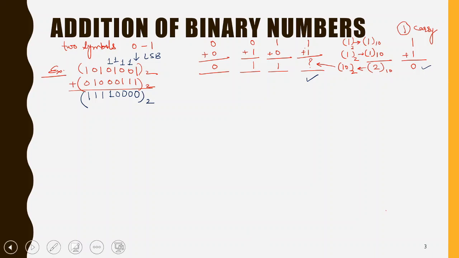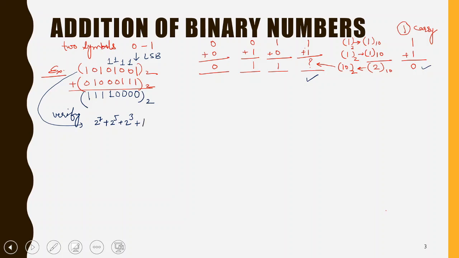Now how are you going to verify this? Can we verify this? Yes. First you convert this into decimal. This is 2 raised to power 7 plus 2 raised to power 5 plus 2 raised to power 3 plus 2 raised to power 2, 1, 0, 1.